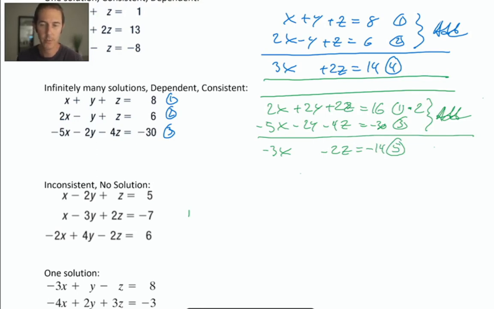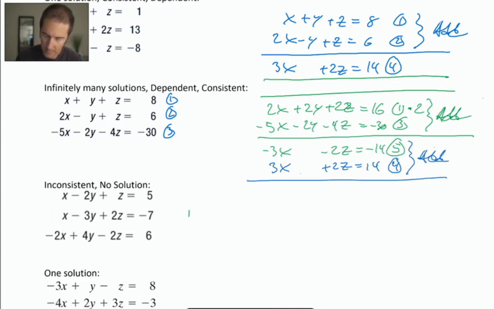We've eliminated the y variable twice, and I'm just going to rewrite equation 4 under equation 5. And then I'm going to add them together, and what I get is 0 equals 0. That's how I know that there will be infinitely many solutions.